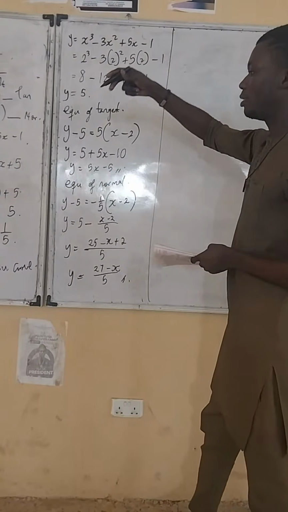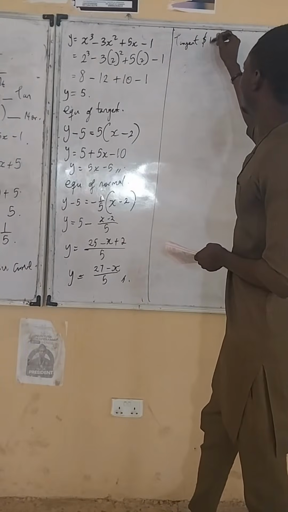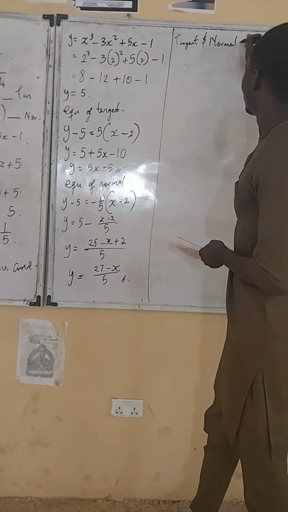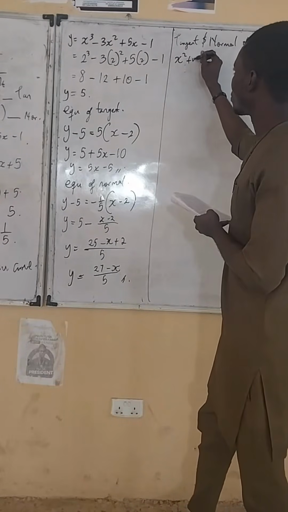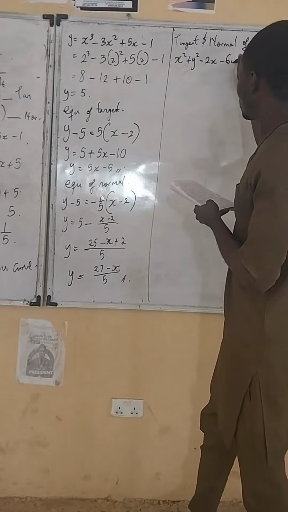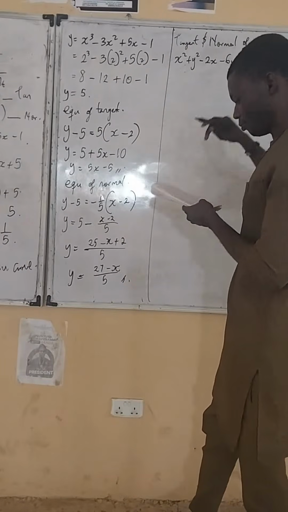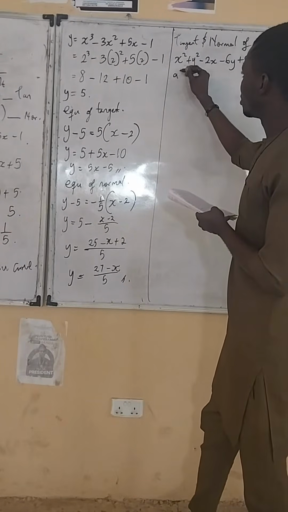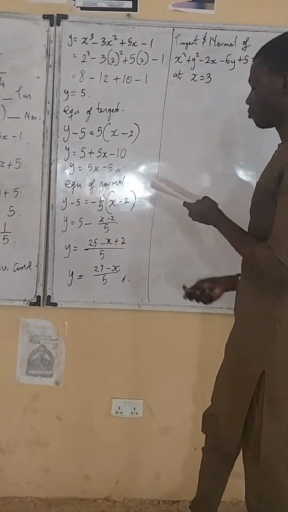So we have to find the tangent and normal of the curve x squared plus y squared minus 2x minus 6y plus 5 equals 0 at x equals 3.